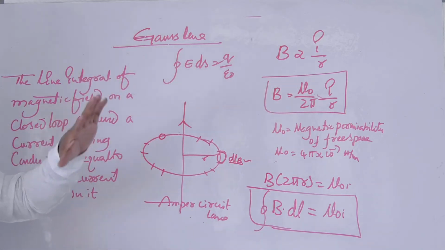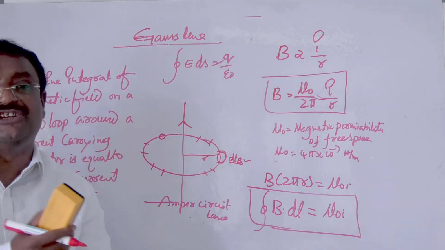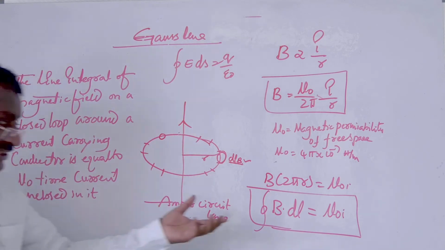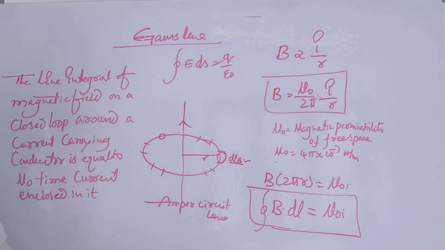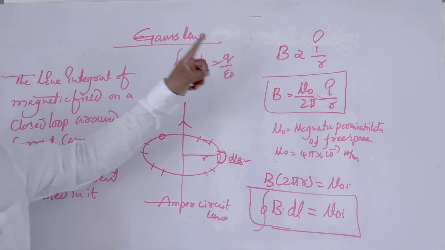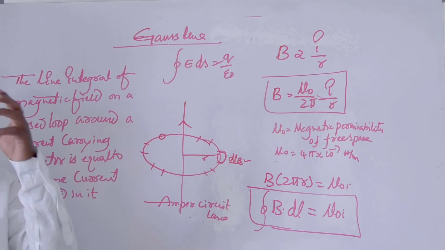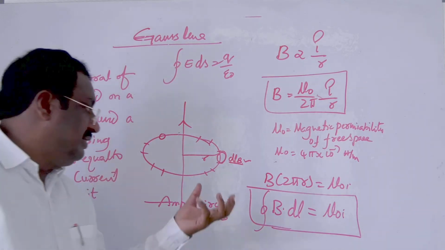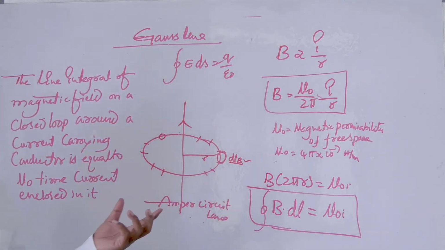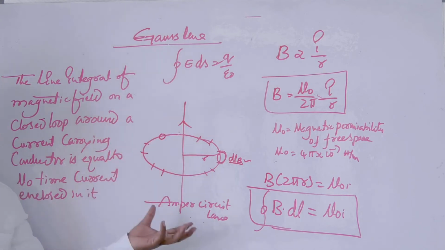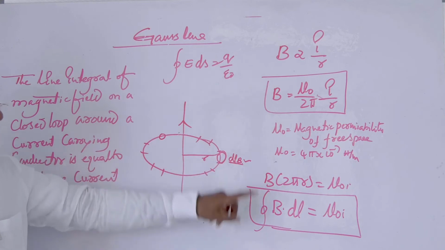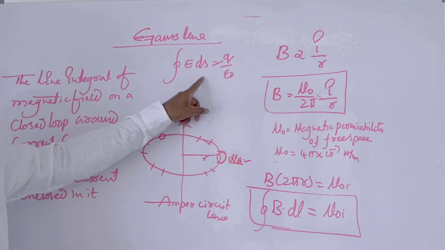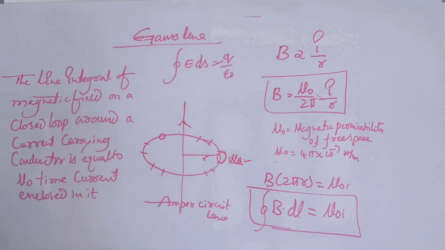In the case of the electric field, we are taking closed surfaces, whereas in the case of the magnetic field, we are taking closed loops. Closed loops do not arise in the case of the electric field. The magnetic field forms closed loops. So both are similar, and this law can also be used where there is symmetry.